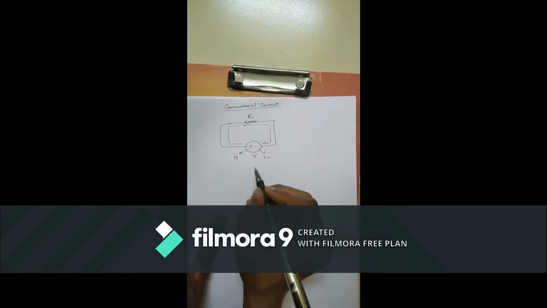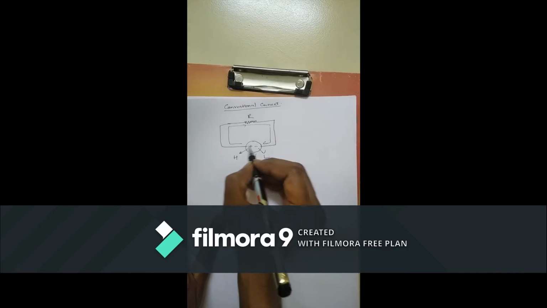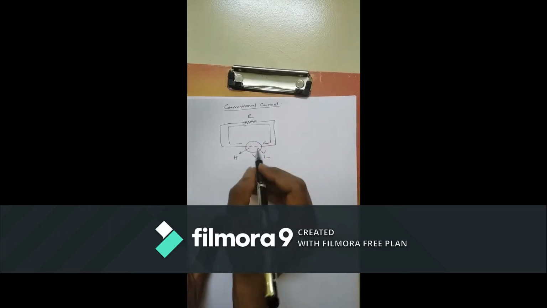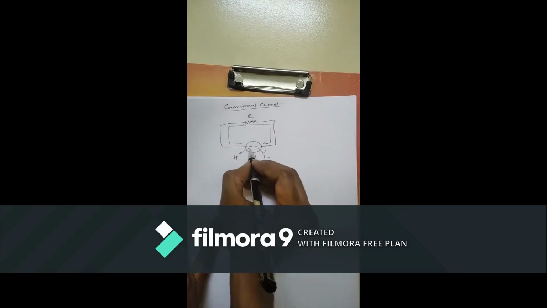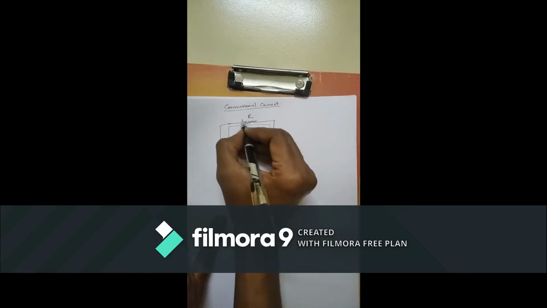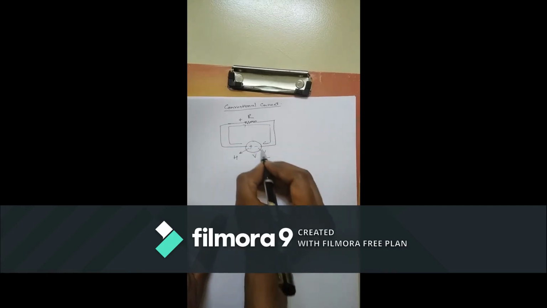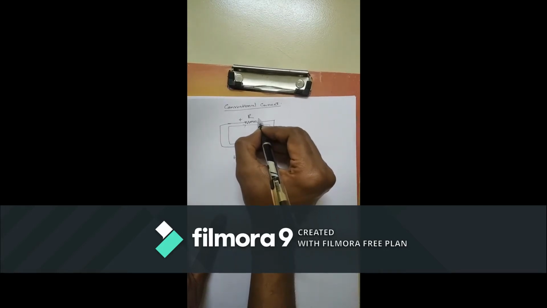Or I can say, for any electrical network outside the battery, or for a passive element, the positive polarity is applied here, so the applied voltage here is plus, and this negative terminal is connected to this resistance, so this is minus.